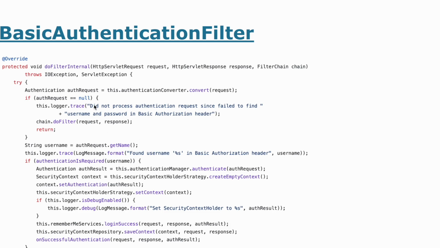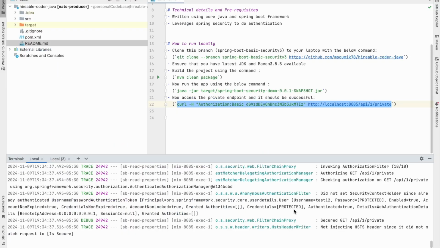But if it is unable to find the header, then it basically lets the control pass to the next filter in the filter chain. So it's not a blocking filter. With that said, let us see a quick demo where I will show you how the list of filters can also vary based on the type of request.